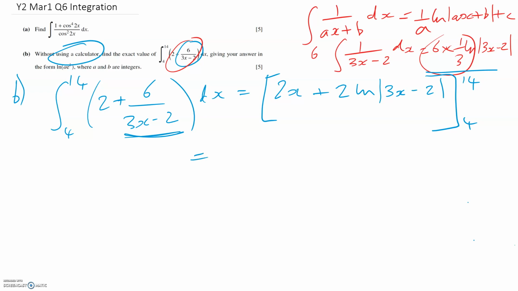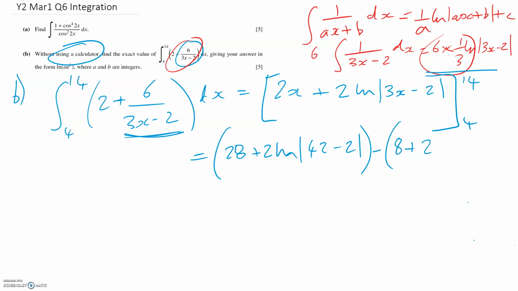If we put 14 in, we're going to get 28 plus 2 ln 3 times by 14 is 42 minus 2. Then if we put 4 in, we're going to get 8 plus 2 ln, and that's going to be 12 minus 2.